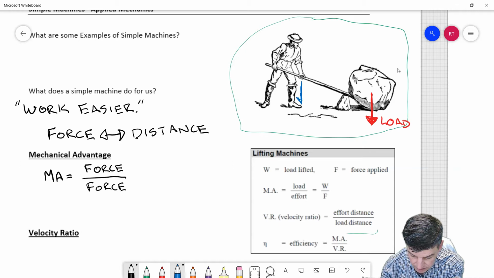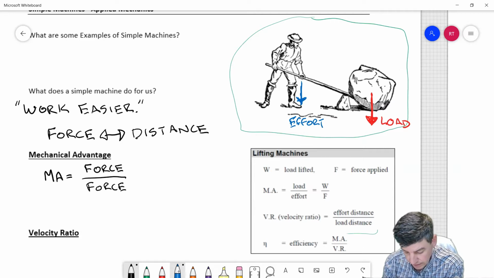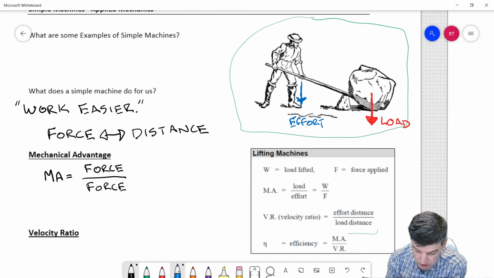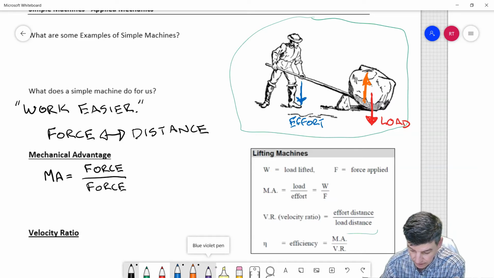So he may be pushing down with an effort. As a result, his effort is going to be transmitted through the machine, and we may be able to push up to move that load. So we have an effort and a load.